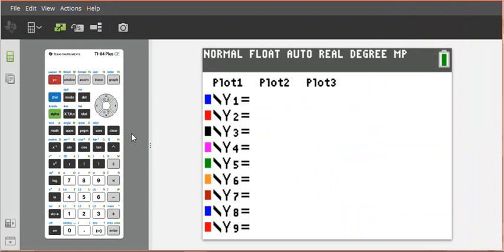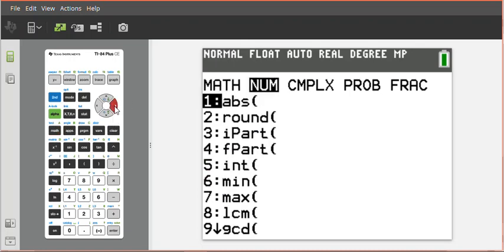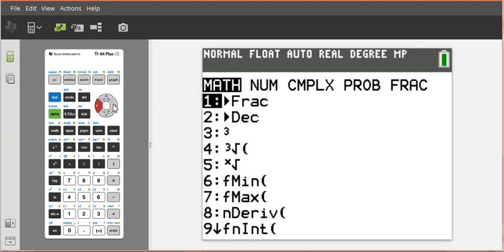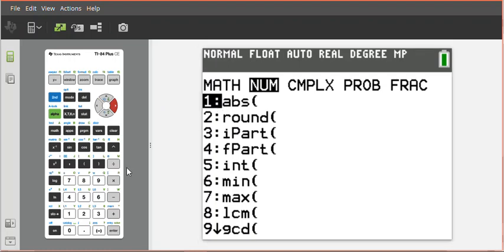So we're going to go to y equals to graph this, and we need to call up the absolute value function. To do that, locate the math button on your calculator and go over to the number menu. I just used my arrows to do that so you can see what I did. Option 1, ABS, is absolute value.